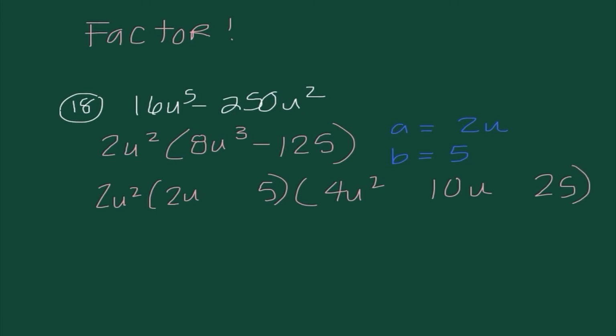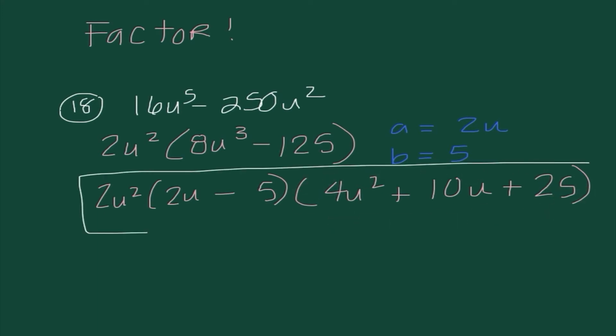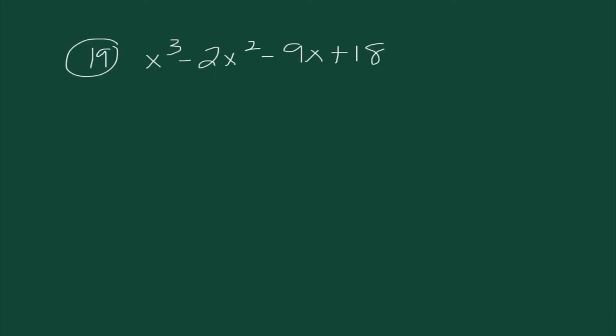And our operations go same, opposite, always positive. I know that I cannot do anything more with this, so this would be our final answer. This is factored as much as possible. I know I'm factoring here and not solving because I do not have an equation, I just have an expression.